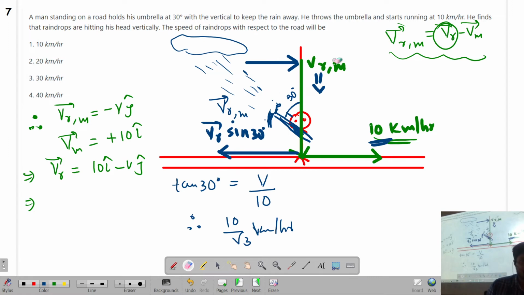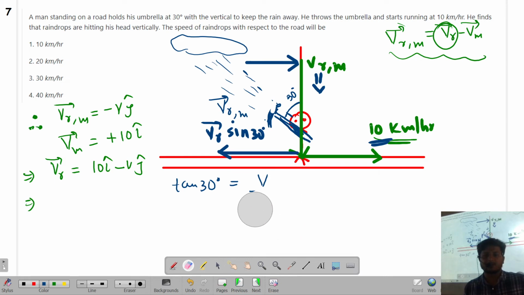Tan 30 is perpendicular over base. Yeah, this is also correct. Okay, we can use this, but the best way is simple. I'll tell you what the trick is over here. This component trick is very good.